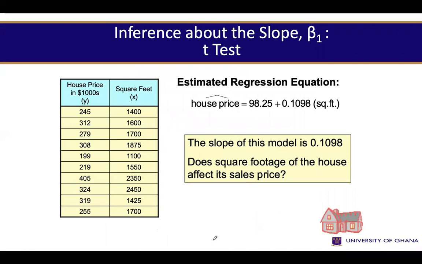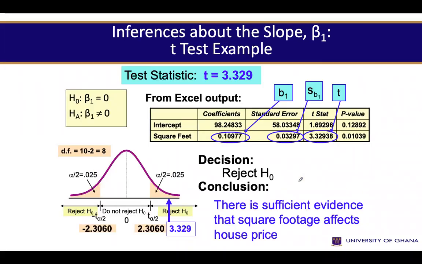Okay, now we have the model that we had about the relation between the house price and the estimated size. So we're asking ourselves whether the size of the house affects sales price. Based on the test, when we calculated, our test statistic is 3.329, based on this formula, and then our critical value is 2.3.